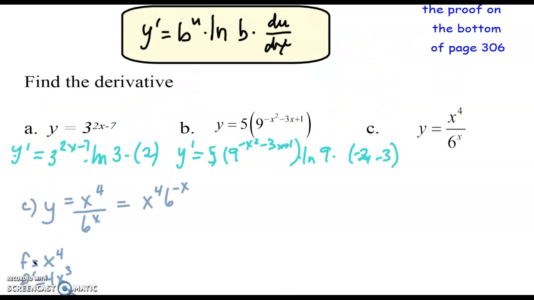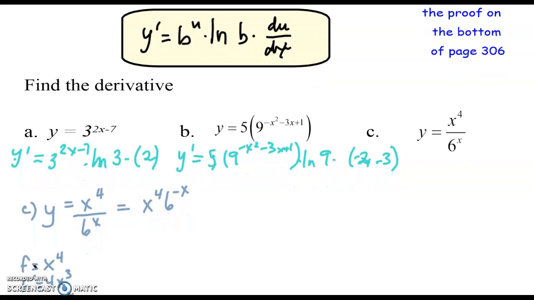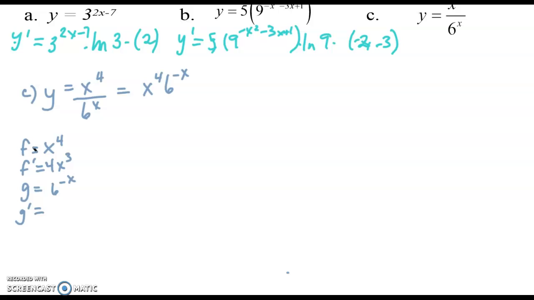G prime, though, we're using the new derivative rule that we learned today for exponential functions. So we've got b to the power of u, which is 6 to the power of negative x, multiplied by the natural log of b, the base in this case is 6, multiplied by the derivative of u, the derivative of the exponent, which in this case would be negative 1.